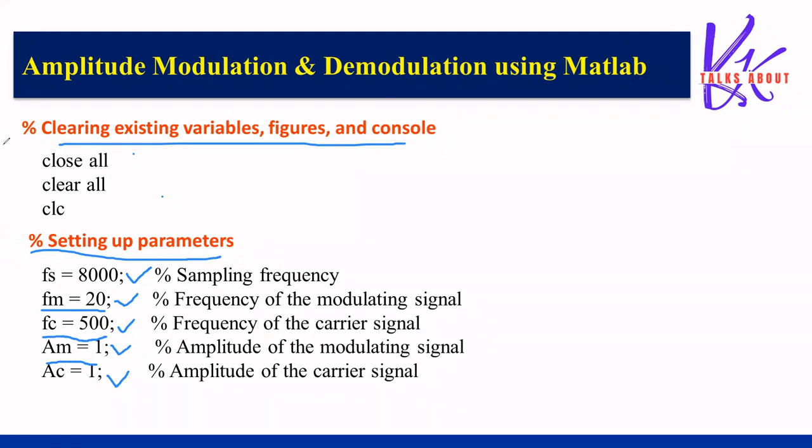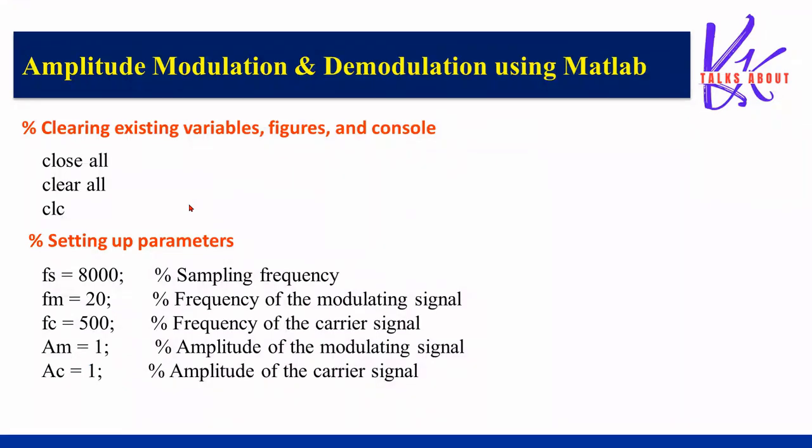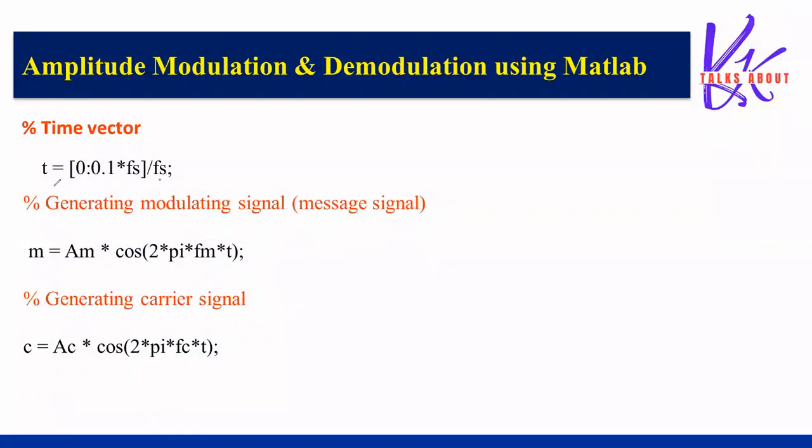Once the parameters are defined, we go for generating the signals. Before that, we see how to define the time vector. t is equal to 0 : 0.1*Fs / Fs, where 0.1 is the time interval we are defining, and the duration of the time vector is 0.1 times the sampling frequency we defined earlier, that is a sampling frequency of 8000.